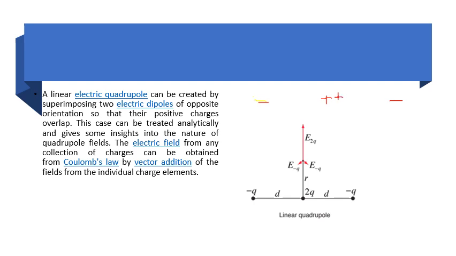And so you will have 2q in the center, while minus q here and minus q here. This is another form, the linear quadrupole. Four charges are there, one from the left, two in the center, and one more. The field can also be created here.